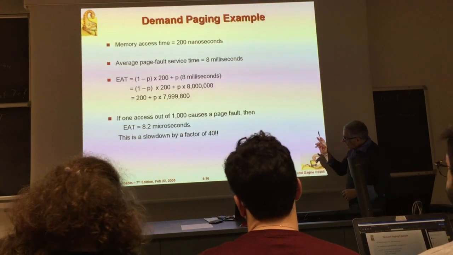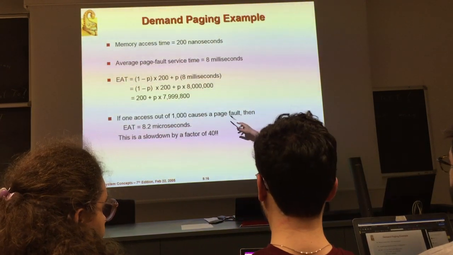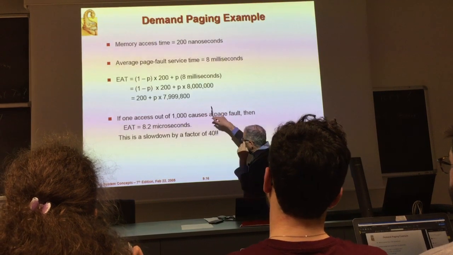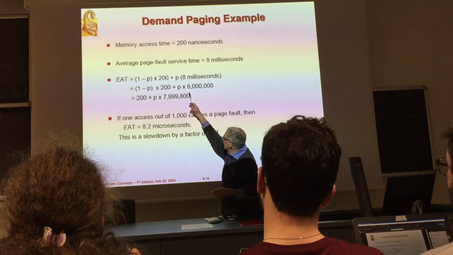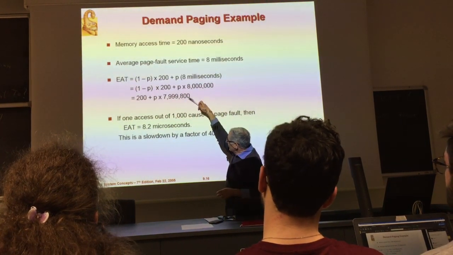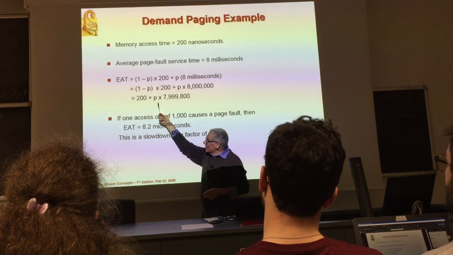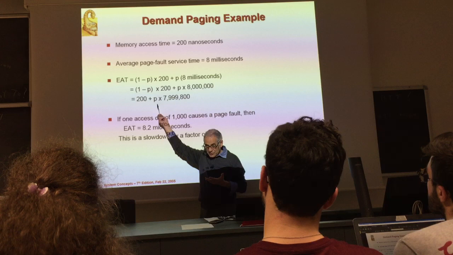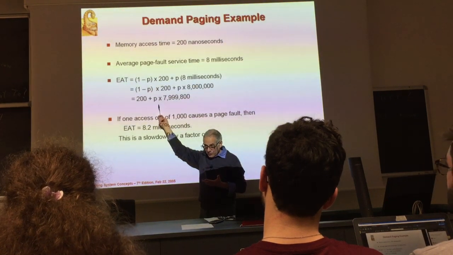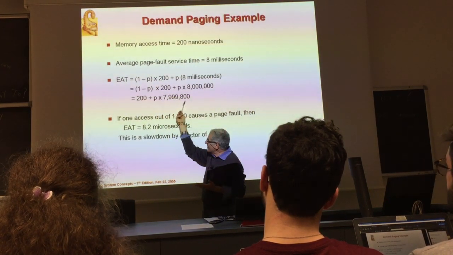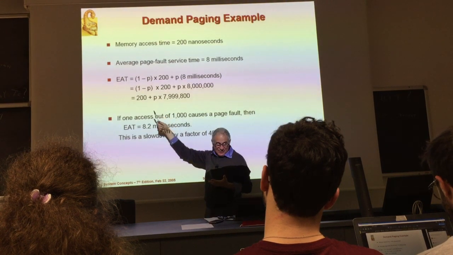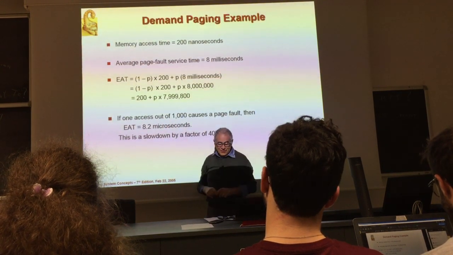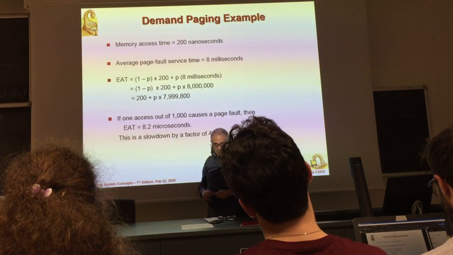So the effective access time would be like this. You see that the probability of page fault, the frequency of page faults, must be very low. Otherwise, the effective access time becomes enormous.